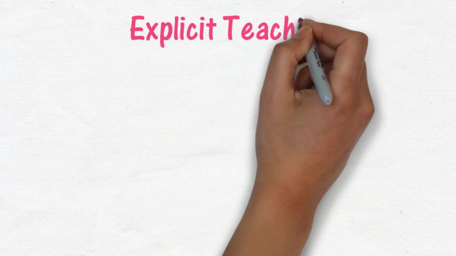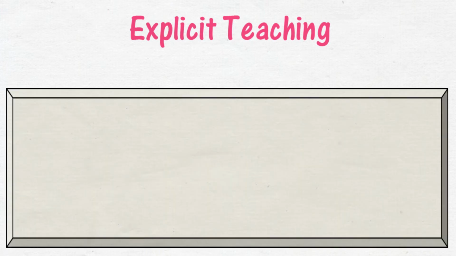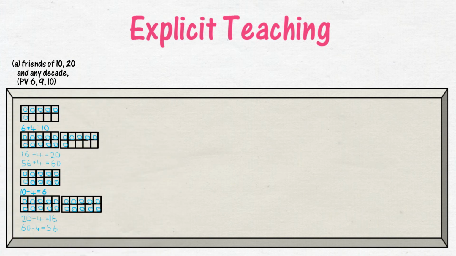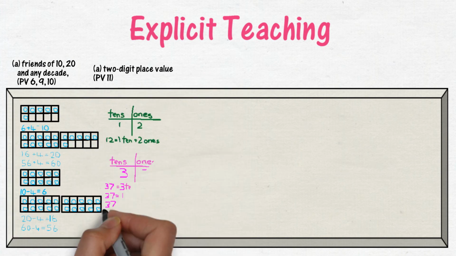The explicit teaching segment of the lesson covers the levels of concepts that students will be investigating. Begin the explicit teaching using questioning at the lowest level of understanding, then proceeding through other levels. Using a different colour for each level allows students to identify and name their level by colour. For example, A. Friends of 10, 20 and any decade, 2-digit place value.